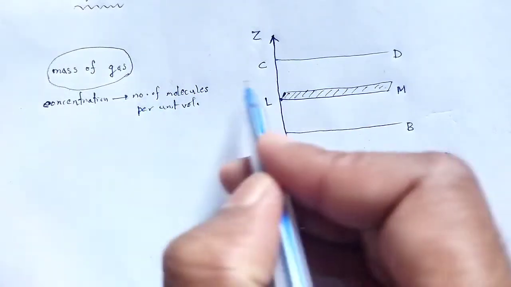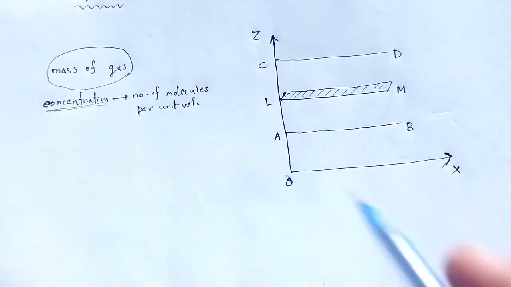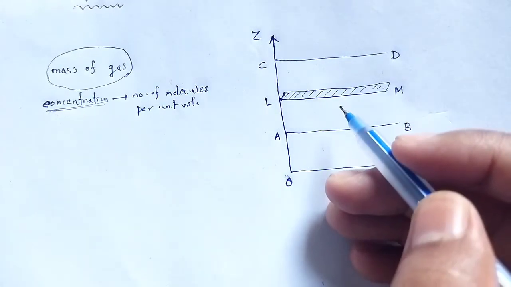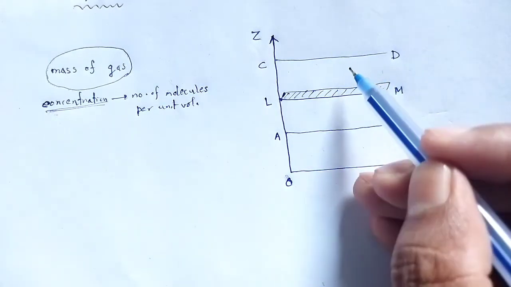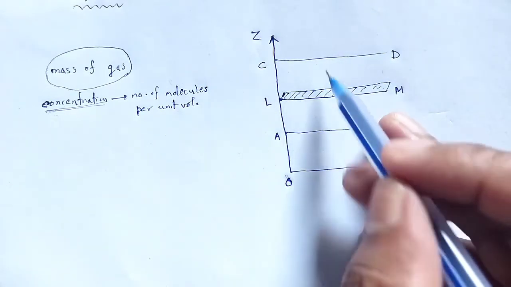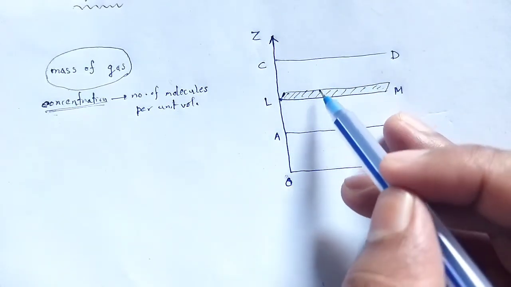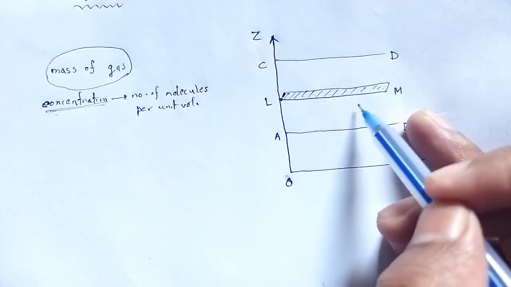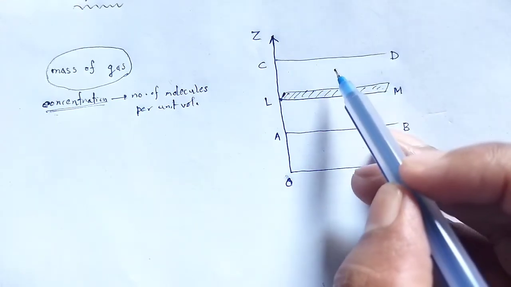Here the concentration increases in the vertical direction, meaning as we proceed from AB to CD, the number of molecules per unit volume, that is the concentration, will increase.